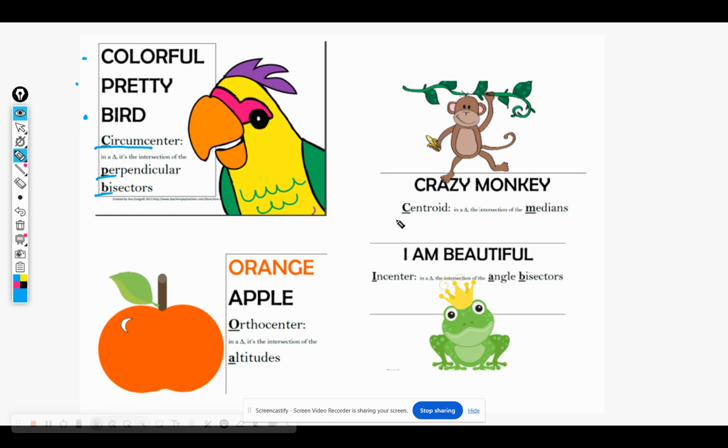Then we have crazy monkey, the C and the M, centroid, medians. And then you have orange apple, orthocenter, altitudes. And I am beautiful, incenter, angle bisectors. So this is just a fun way for you to remember each thing.